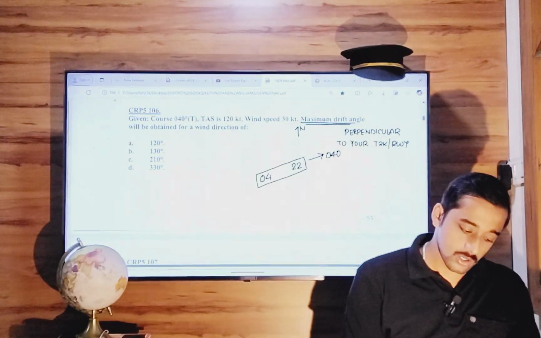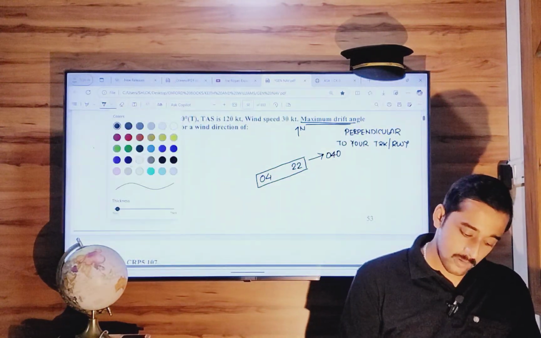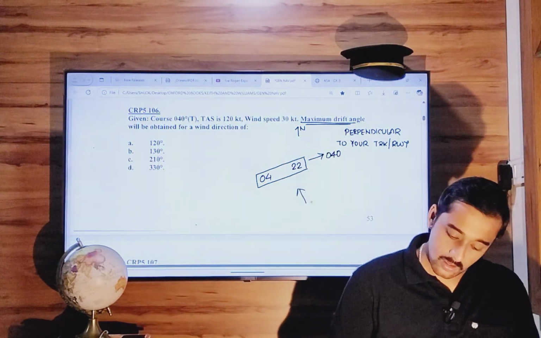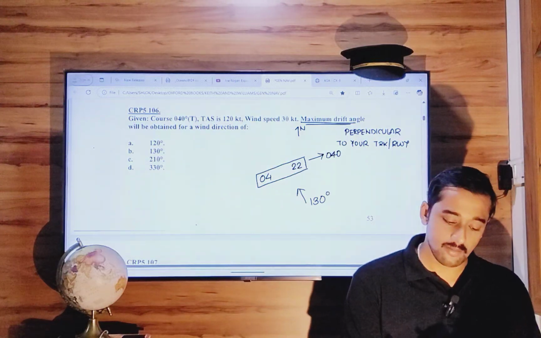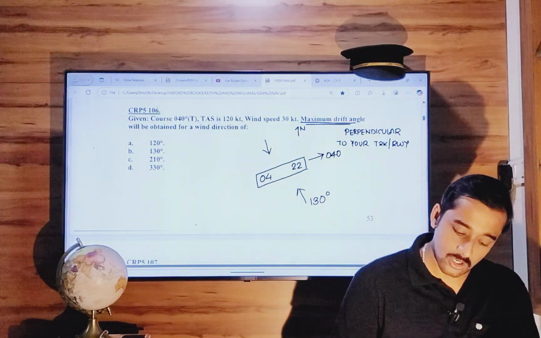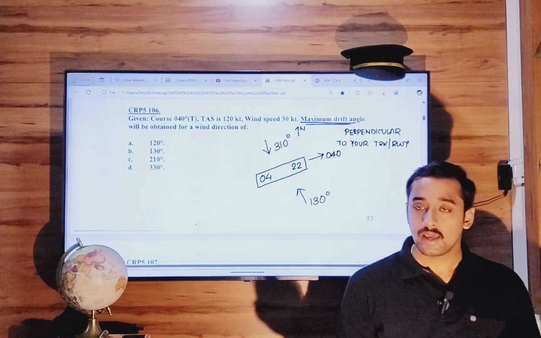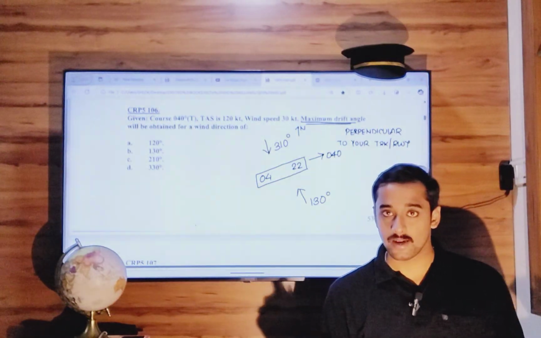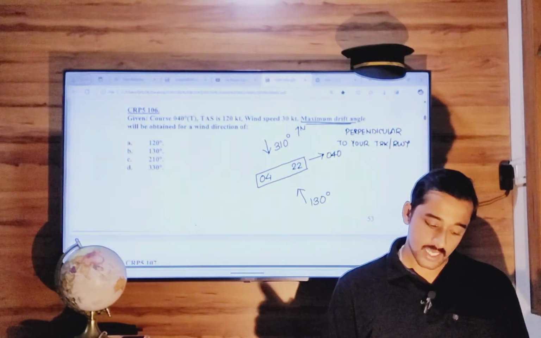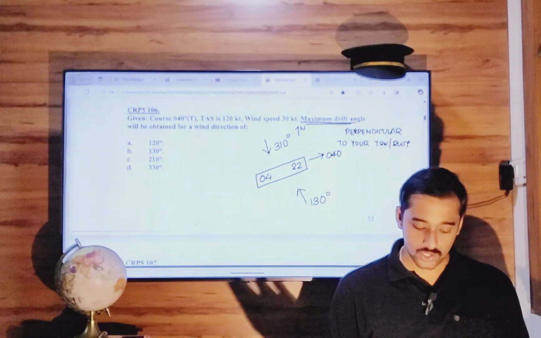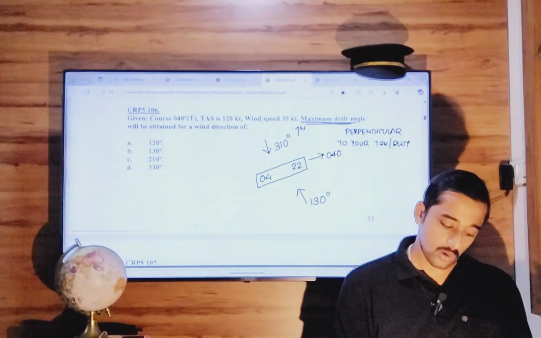So either the wind should blow from 130 degrees, or 40 minus 90 is minus 50, plus 360 is 310, or the wind should blow from 310 degrees. Either crosswind will produce a maximum drift angle. Okay, so the options here are 120, 130, 210, 330. So the correct option is 130.